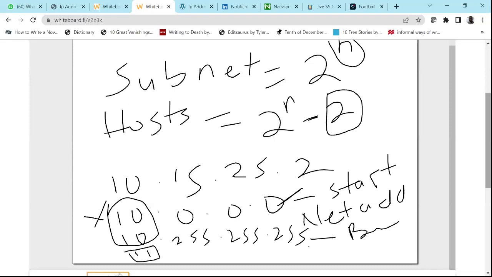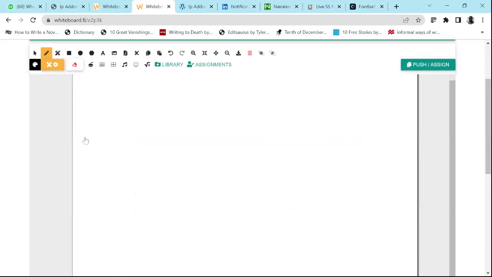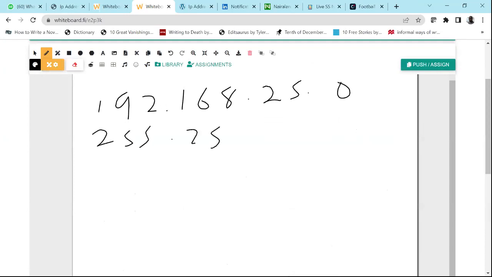Let me use a class C. So in a class C network of 192.168.25.0, with subnet mask 255.255.255.0, for me to know the number of hosts here, all I need to do is 2 raised to power n.